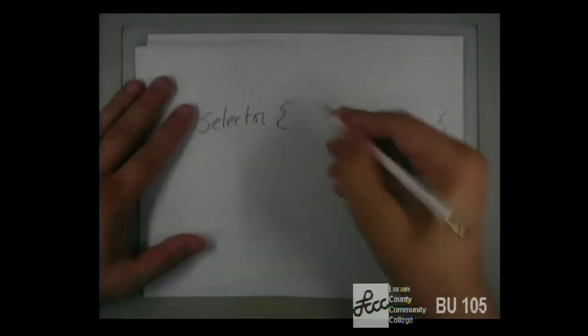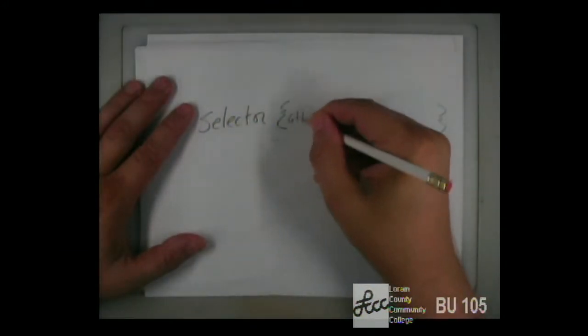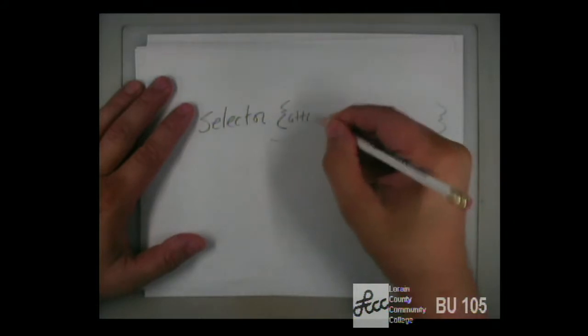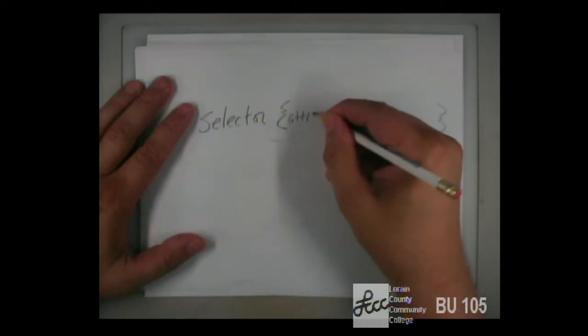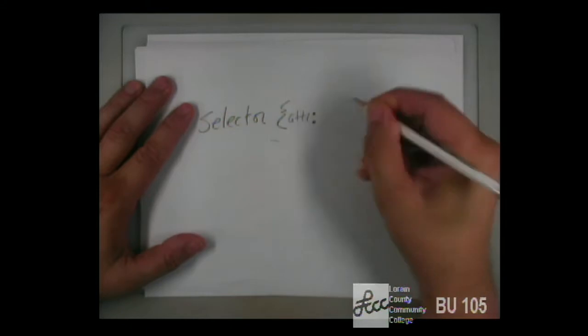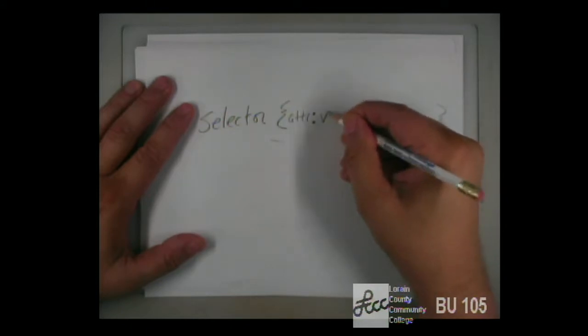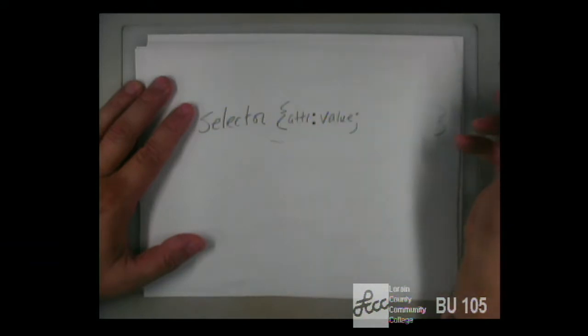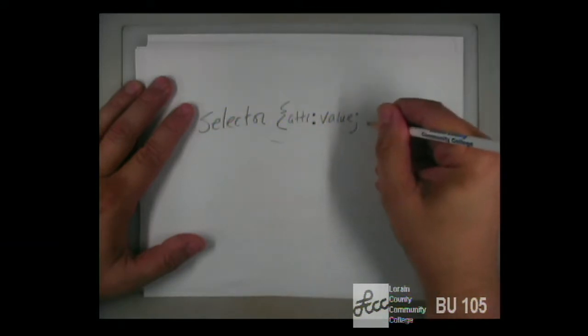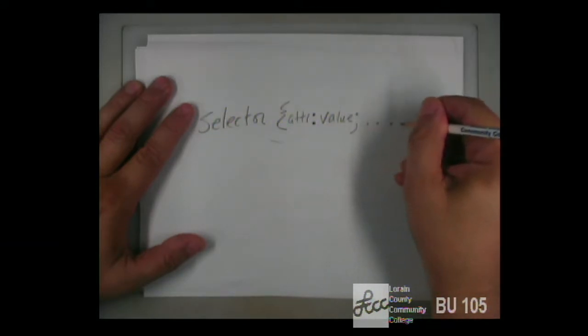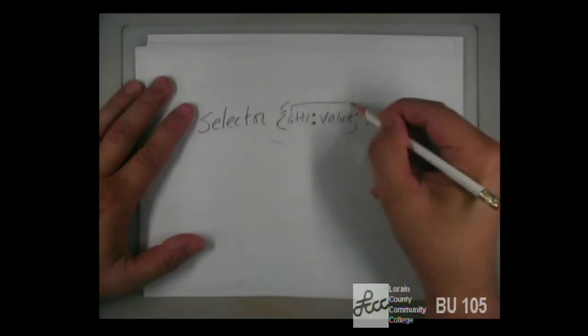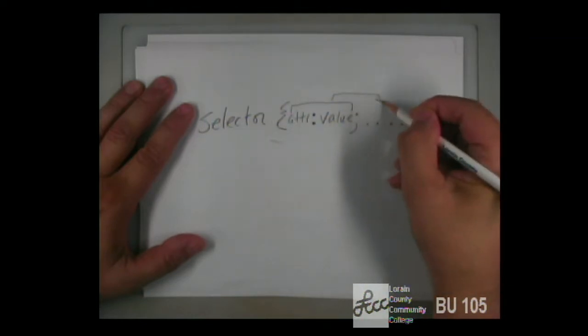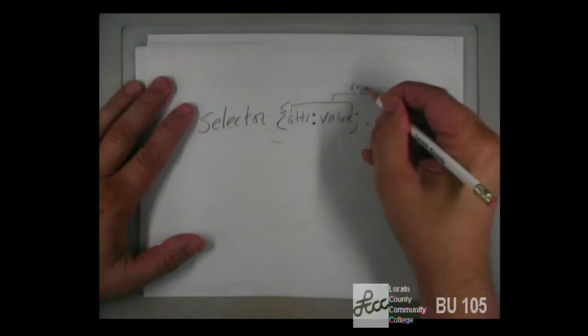We then will have an attribute name, a colon, a value, a semicolon, and more of these. We can repeat this for different attributes.